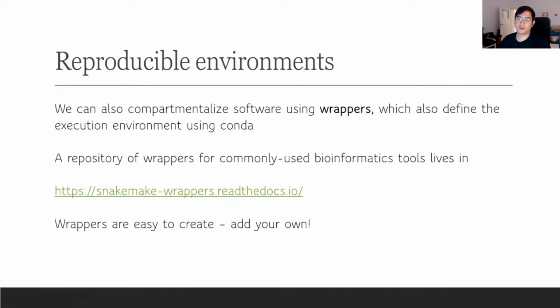So it allows you to just create a rule with the input and output and some parameters, and then the wrapper will take care of the execution. There's a huge repository of different wrappers for commonly used bioinformatics software, which is available here. And I encourage you to also add your own. They're very easy to write. And Johannes and the Snakemake community would be very happy to have your contribution.